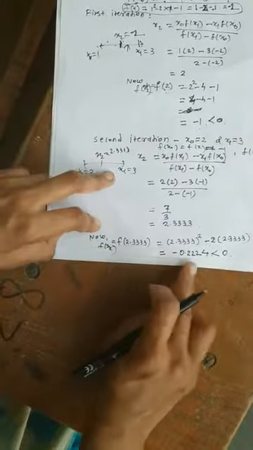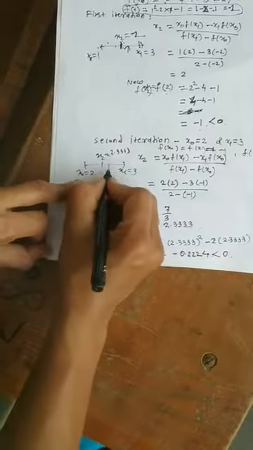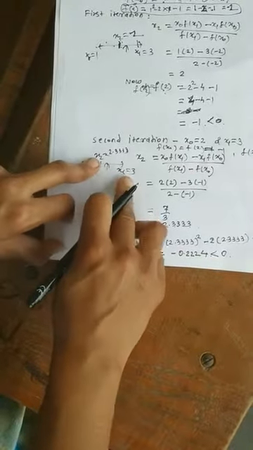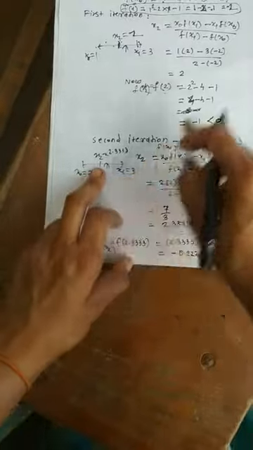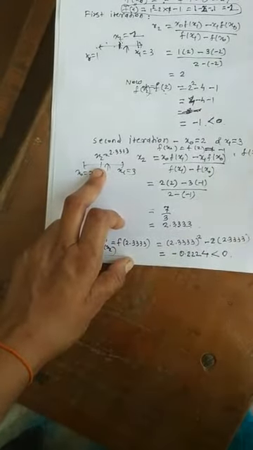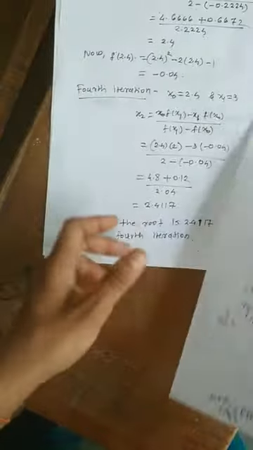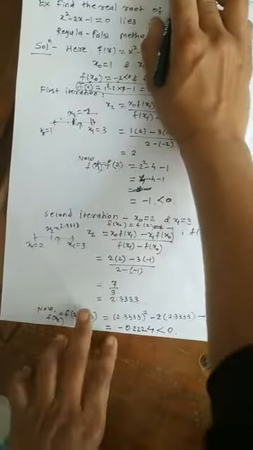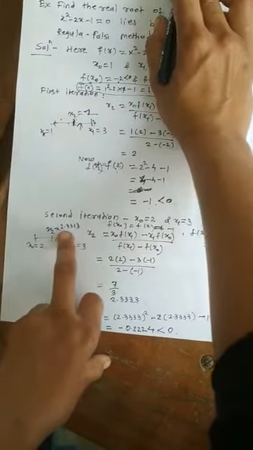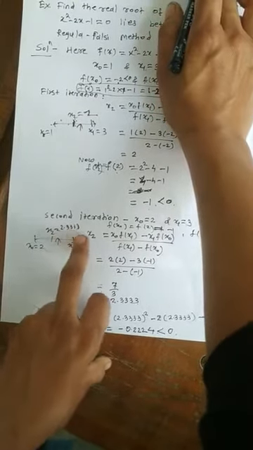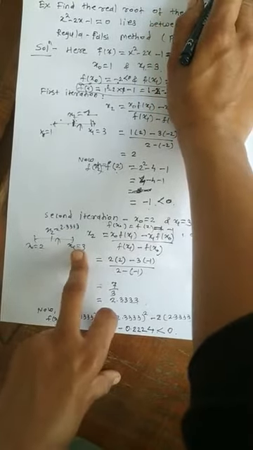Therefore our new search interval, since it is less than 0, is x2 to x1. That means we take here x0 is equal to 2.3333 and x1 is equal to 3.